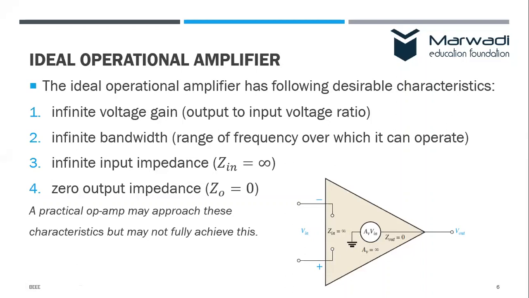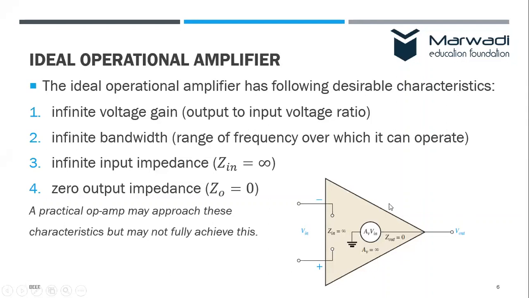The voltage gain is the output to input ratio, because we are using the amplifier to amplify the signal, right? As I said, a 1 millivolt signal is converted into, let us say, a 100 millivolt signal. So 1 millivolt is the input here, and 100 millivolt is the output here.